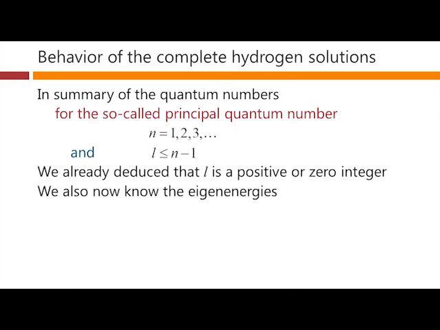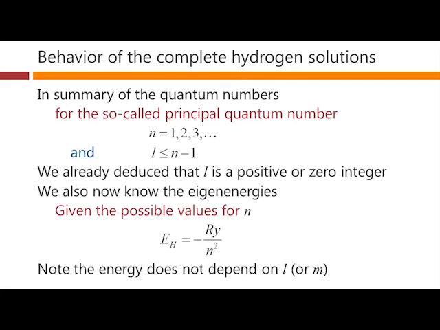And we know the eigenenergies. We actually wrote down the formula before. For given possible values of n, the eigenenergies are minus the Rydberg over n squared. Note, incidentally, that the energy does not depend at all on the L or m quantum numbers. It only depends on the n quantum number.